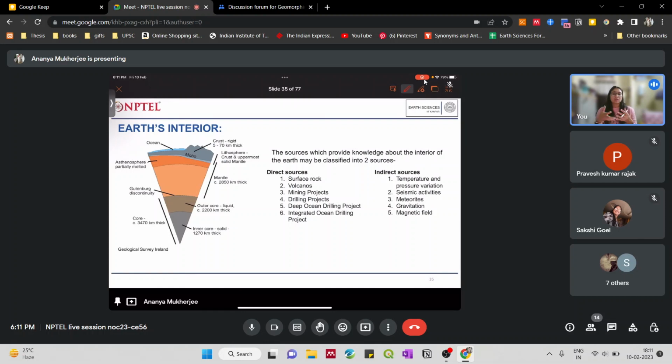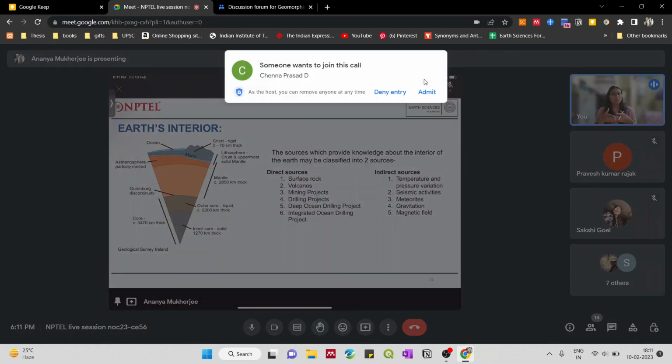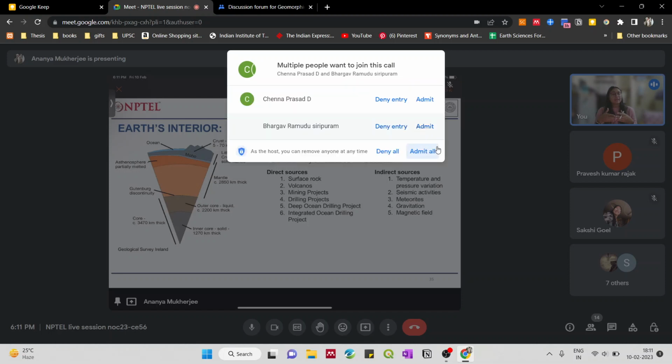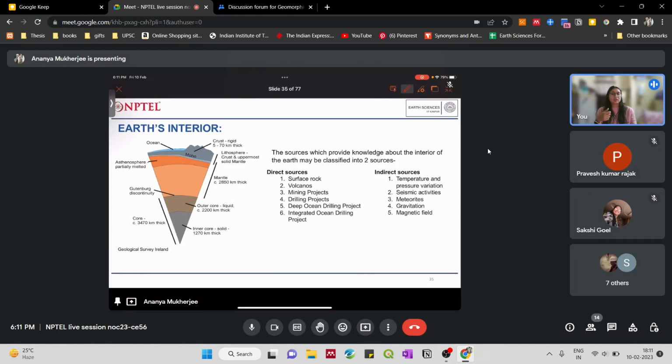There are different sources which we use for gaining knowledge about the Earth's interior. You can have direct sources and you can have indirect sources. What are direct sources? Direct sources are actual physical evidences that we get.